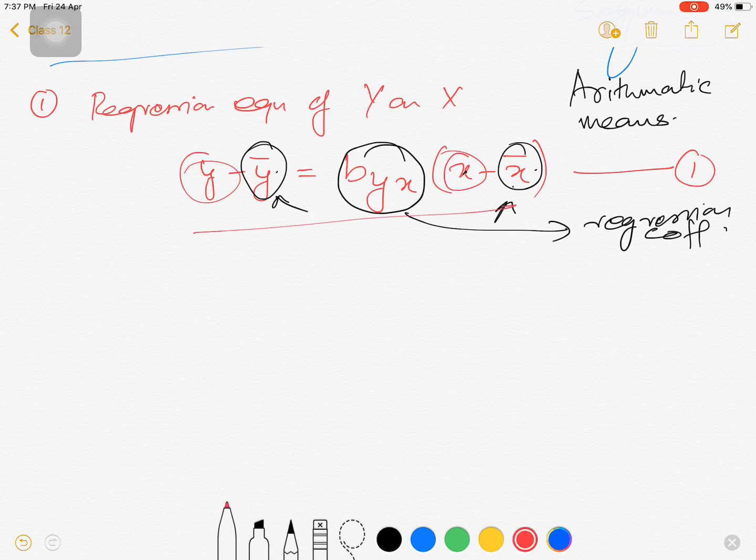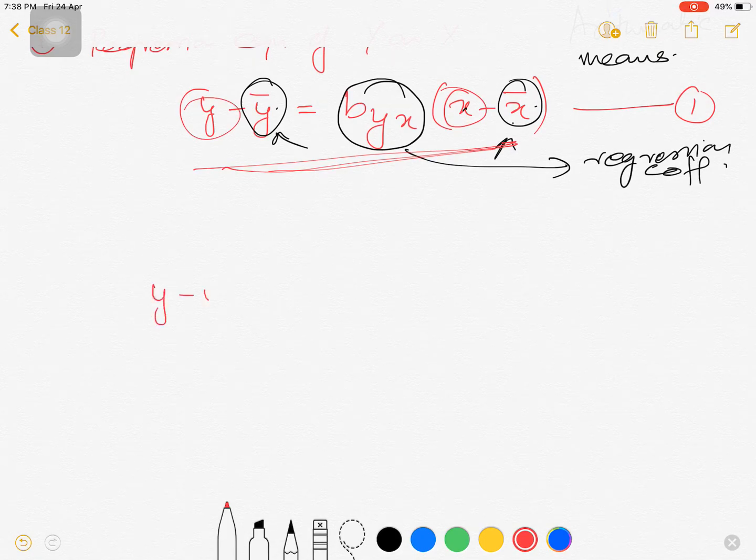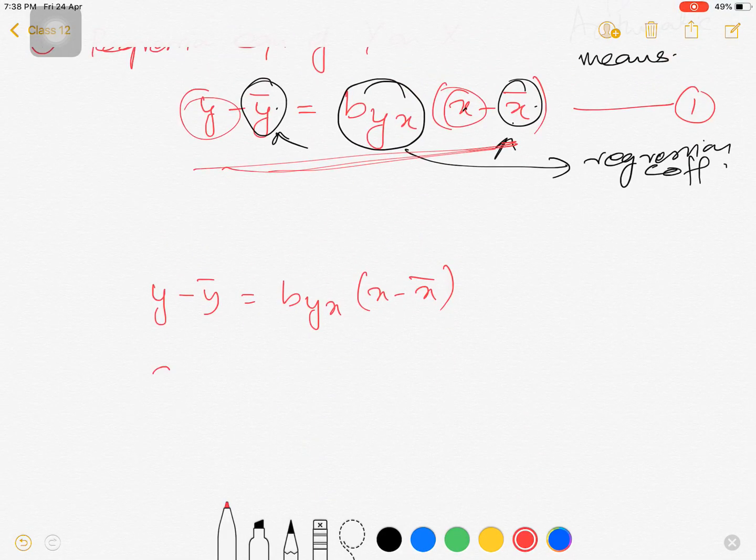This was the regression equation of y on x. Let me rewrite it again: y minus y bar equals byx times x minus x bar. And x minus x bar equals bxy times y minus y bar. Look at this properly.